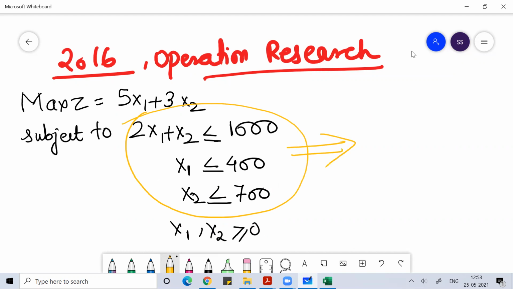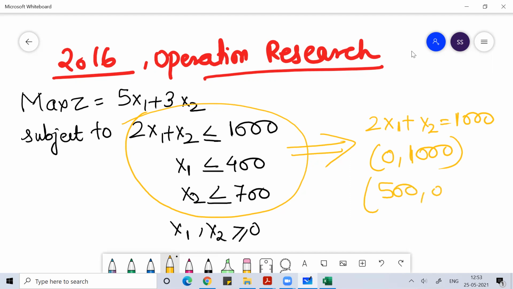So you can write this as 2x1 plus x2 equal to 1000. If x1 is 0, then x2 will be 1000, and if x2 is 0, then x1 is equal to 500.